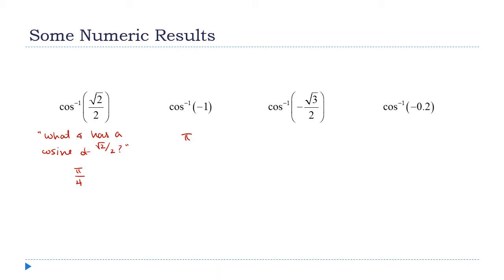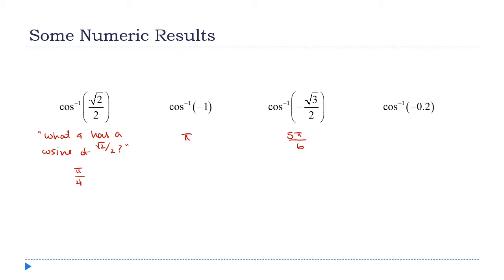So I'm thinking, what angle has a cosine of -√3/2? I'm thinking that's going to be pi/6, right? Sorry, 5pi/6. Pi/6 would be positive square root of 3/2. So 5pi/6 will be my answer.